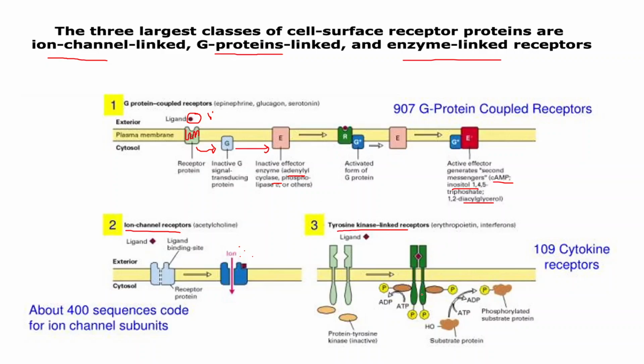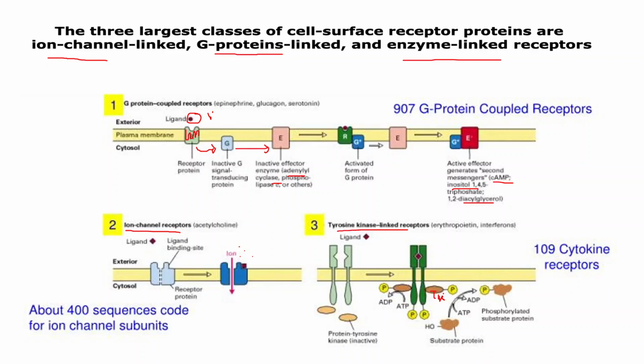Once the dimer is formed, it will autophosphorylate the receptor, okay. Once the autophosphorylation happens, it activates the tyrosine kinase. This orange color is the tyrosine kinase, which is present on the cytoplasmic region of the receptor, okay.